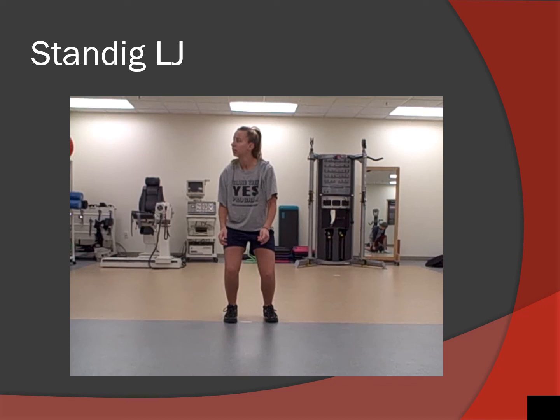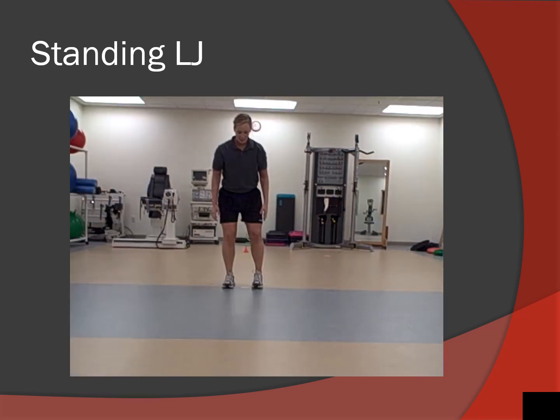So her whole movement quality was poor, and she was chronically injured with patellofemoral pathology, and you can tell just by the movement pattern that she didn't have the strength to sustain movement, and she didn't have quality of movement.